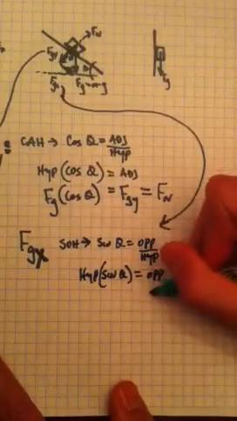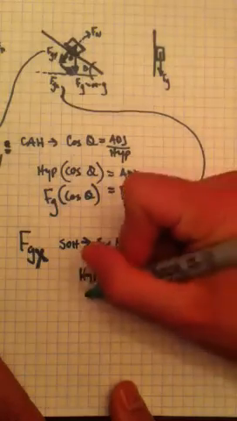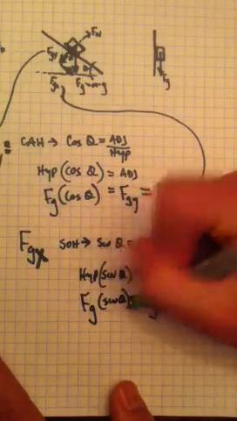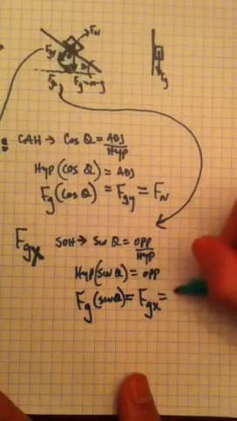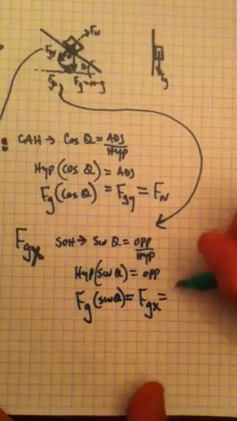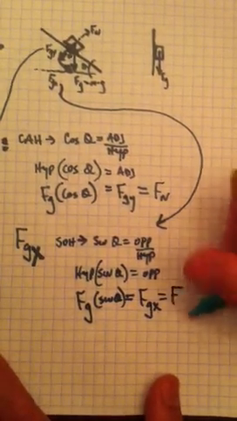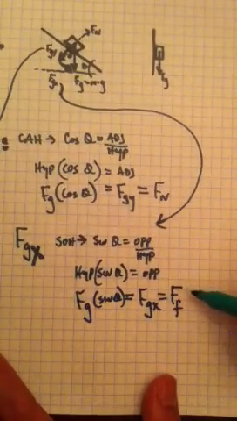Plugging in our variables, FGX is going to be equal to the force of gravity times sine theta. So FGX is the component of gravity that's pulling it down the ramp, which is equal and opposite to the force of friction at its point of sliding.